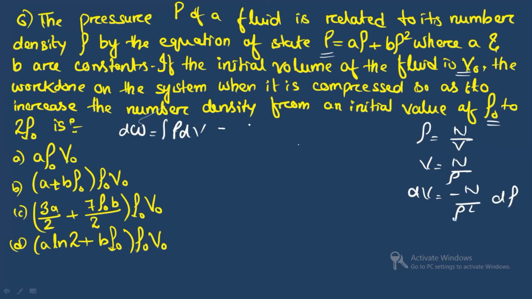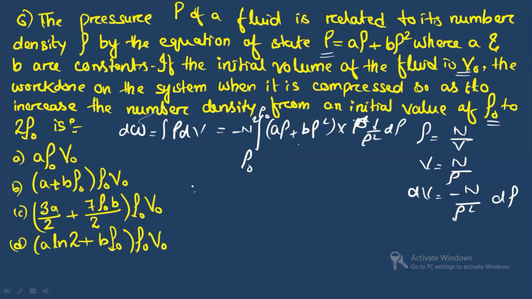The integration limit will be rho naught to 2 rho naught. P is equal to A rho plus B rho square, and dV is minus N, which I am taking outside, times 1 by rho square d rho.